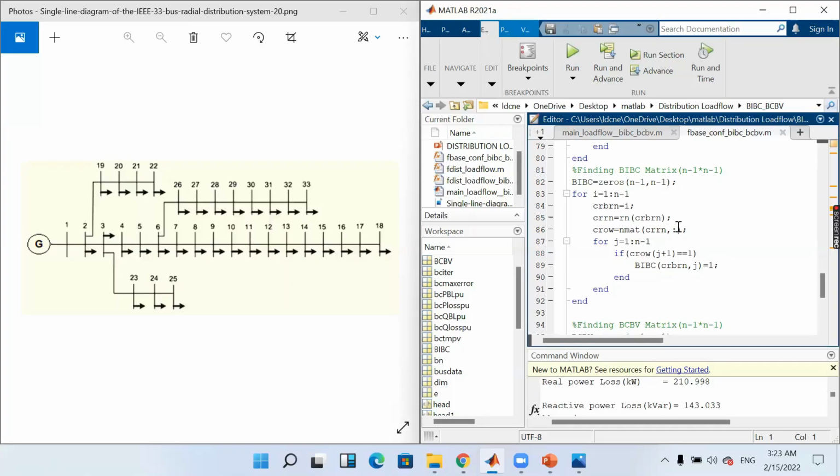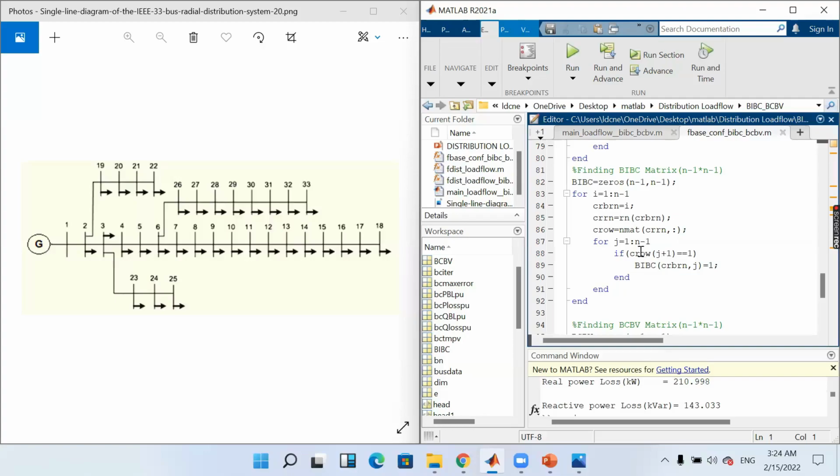Here we have copied the row of NMAT corresponding to the receiving end bus number. Now we run the loop from 1 to n-1, that is from the current injection of the second bus to the last bus number, and the row corresponding to j plus 1.